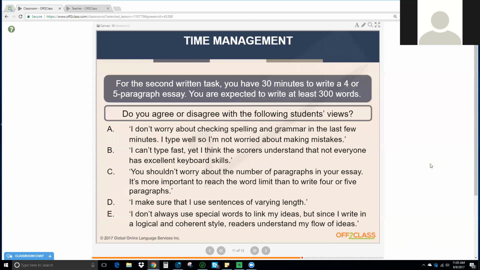But if that's the case, you're going to have to write more on each key point because you need at least 300 words. So if you have 5 paragraphs, 3 key points, you'll write a little bit less than if you have 4 paragraphs and 2 key points.